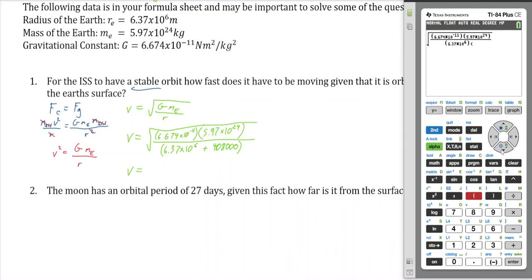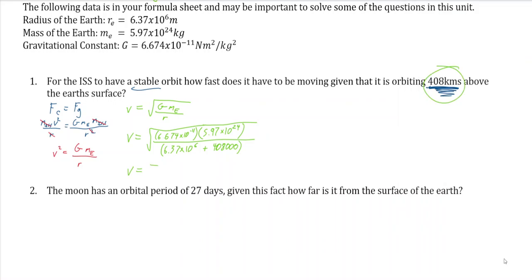Oh, whoops. So plus 408,123 bracket. There you go. Okay, so that is our value. So 7,667. And this is meters per second.